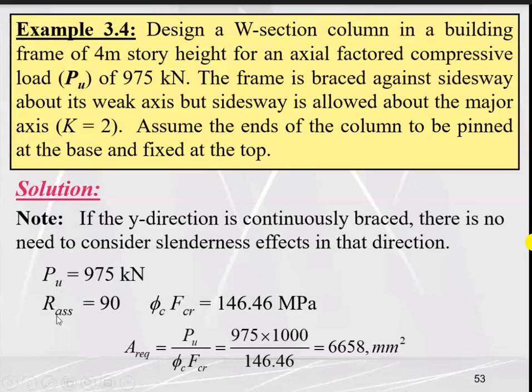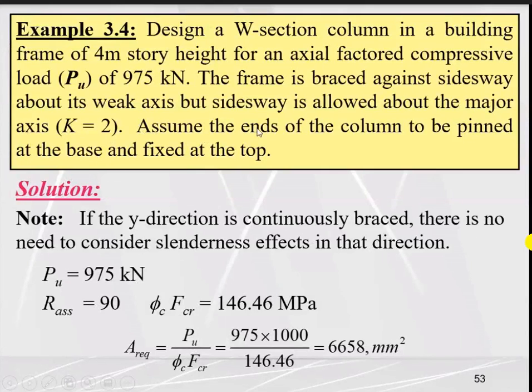The first method is that we design the column based upon our assumed value. For a W section, we are supposed to assume the r value 90, and we consult page number 106 on LRFD Design It to check the phi Fcr value, and we compute the area required. And then we select the section from the section properties table, which are given at the start of LRFD Design It.